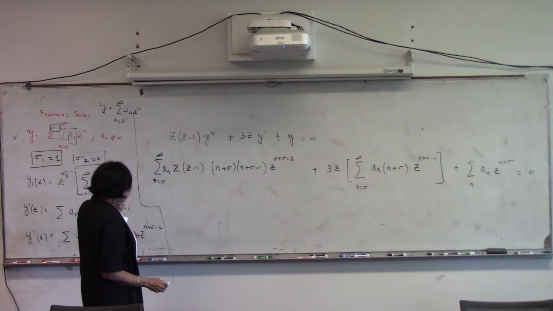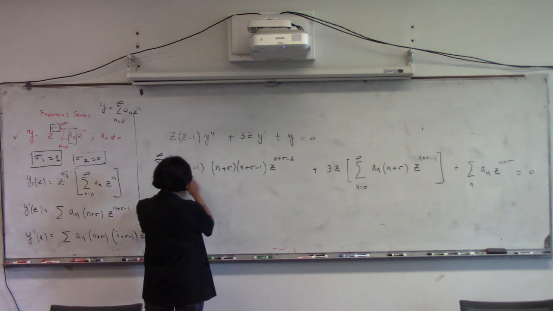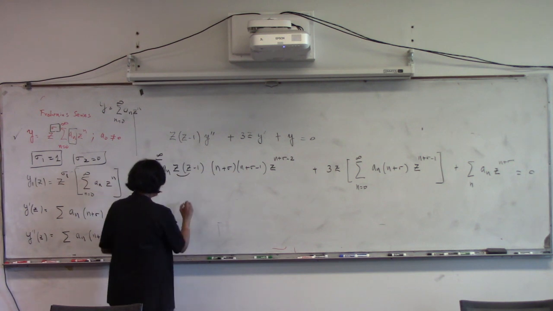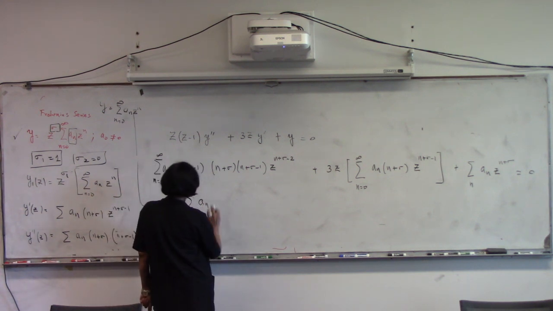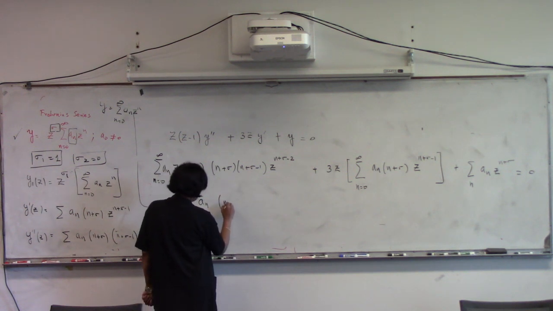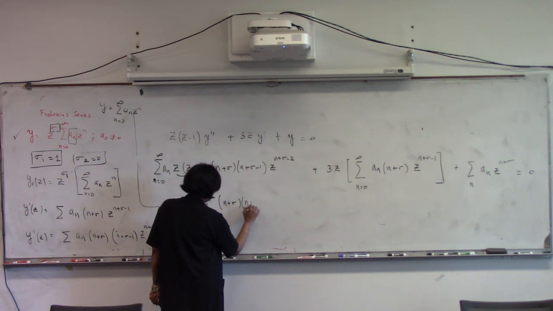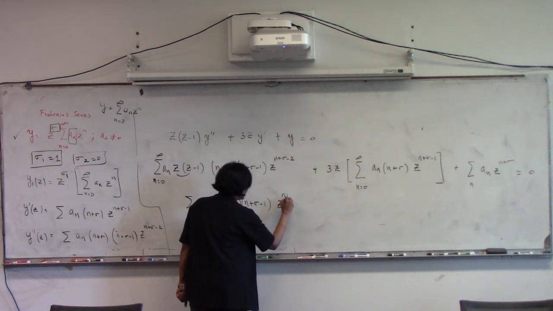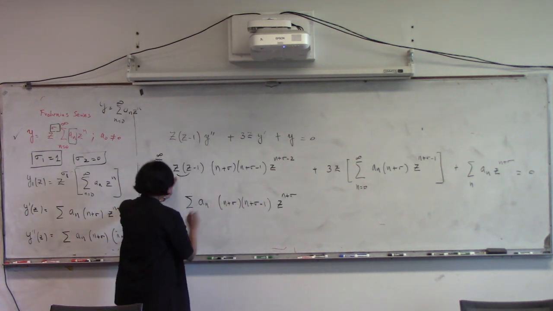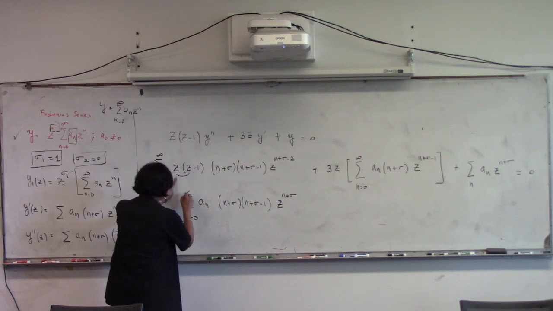All right, so we have a z squared. There are two terms here, z squared and minus z. So let me just take this first: a sub n, z squared will give me n plus sigma times n plus sigma minus 1, z to the power n plus sigma, n going from 0 to infinity.